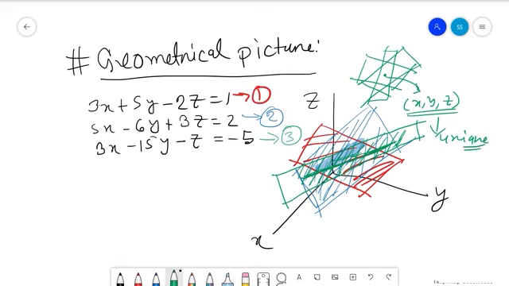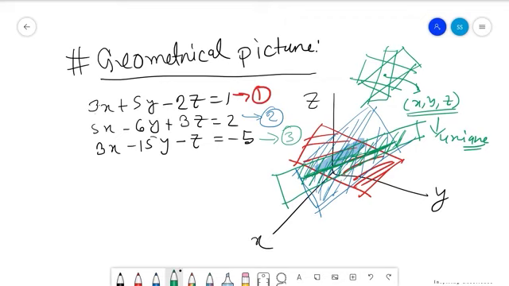Assuming, remember, we are always saying assuming this system is solvable and it has a unique solution, because there might be cases where the system will not have a unique solution. Sometimes there will be infinitely many solutions, and sometimes there can be no solution at all. And this is the geometrical picture for the three-dimensional case.